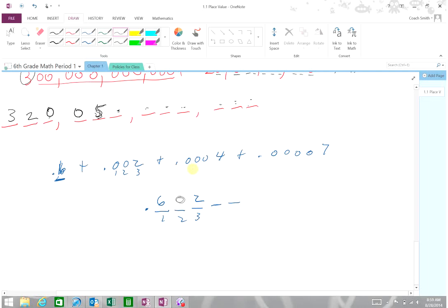This is 1, 2, 3, 4 from the decimal, so that 4 would go there. This is 1, 2, 3, 4, 5, and so the 7 goes there. So 0.60247. And that's my answer for that number, going from expanded form to standard form.